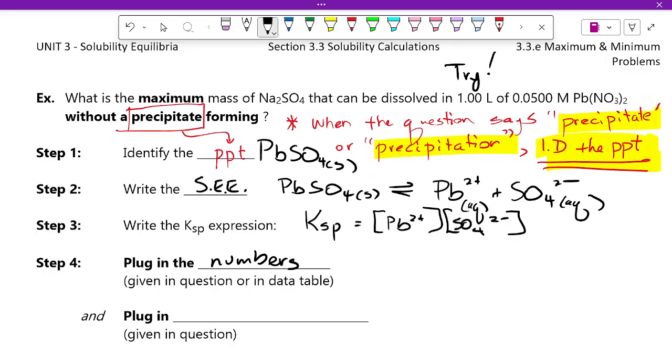Oh, hang on. No. KSP. Oh, there's 2 blanks.